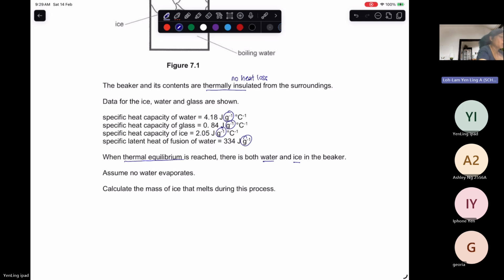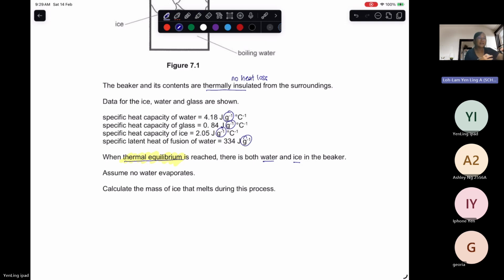So here is one additional piece of information. When you're lost for information, always read back which information I have not used. I've got a very specific technical term here: thermal equilibrium. What information, be suspicious, can I glean? That means there is both water and ice in the beaker. So if water and ice are at different temperatures, what will happen?